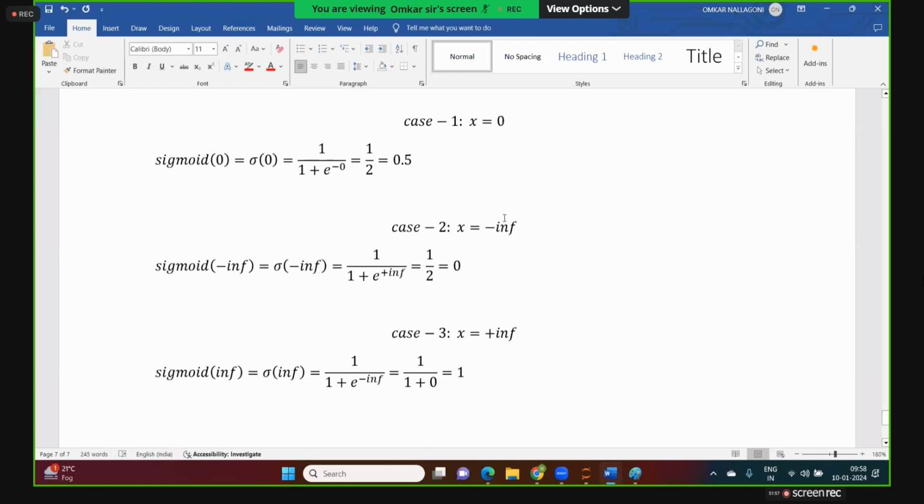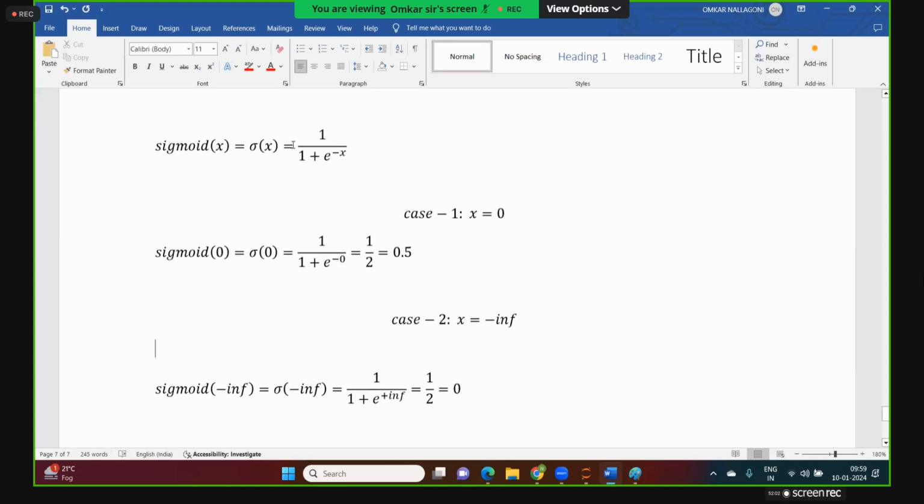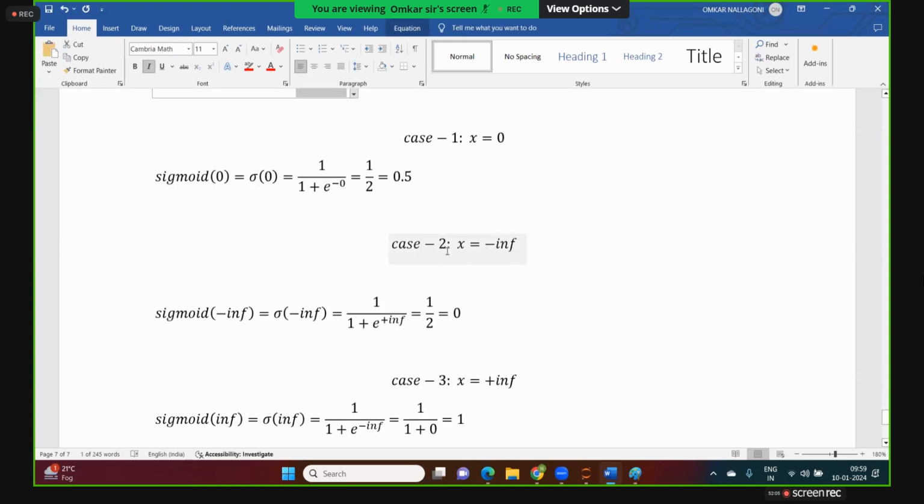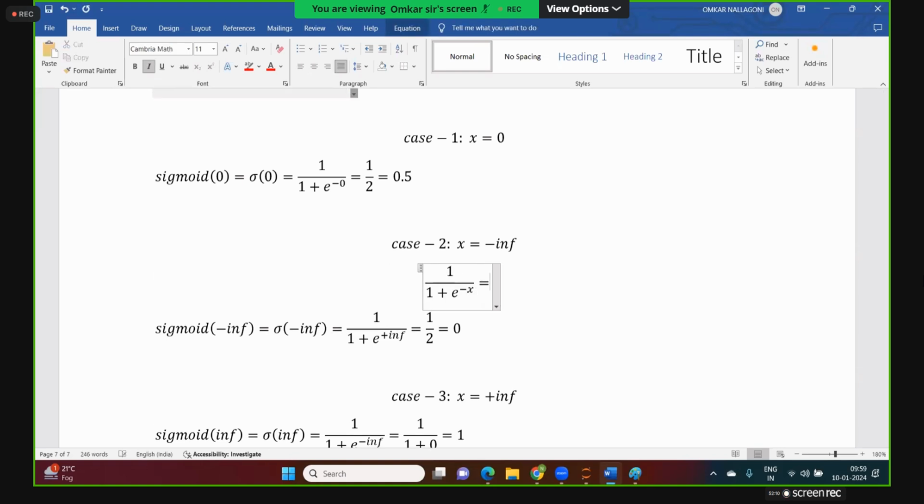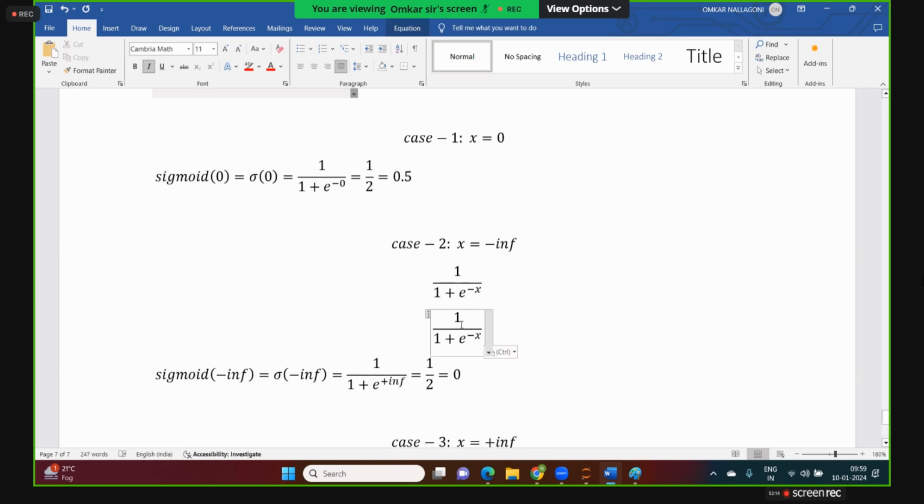Let's come to here. I will write here 1 by 1 plus e power x is equal to, the next line you will write like this. This part is equal to again 1 by e power x.